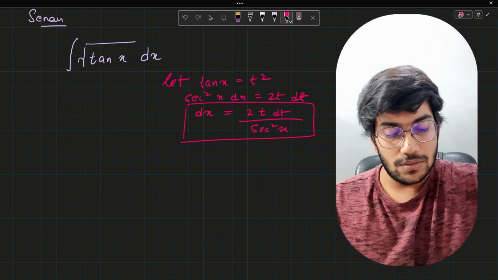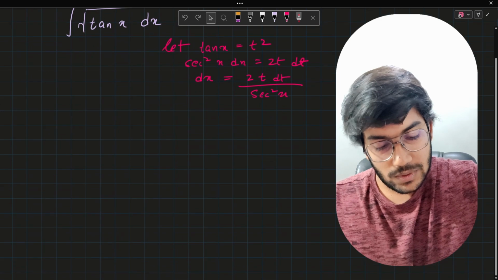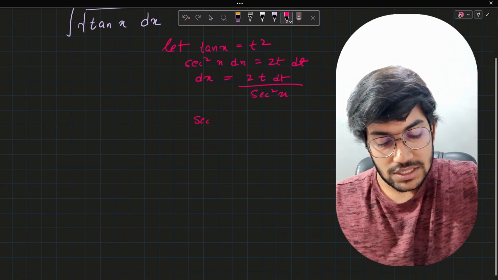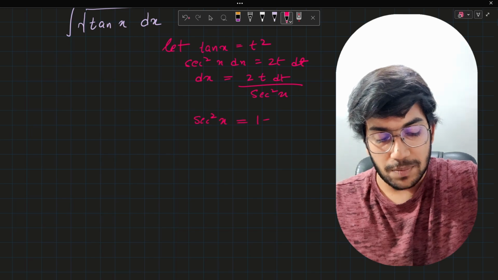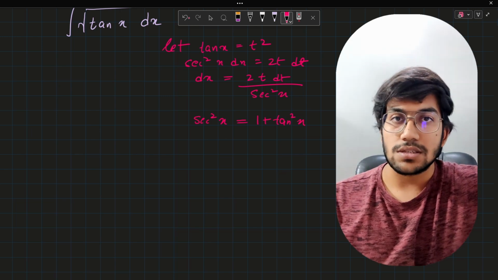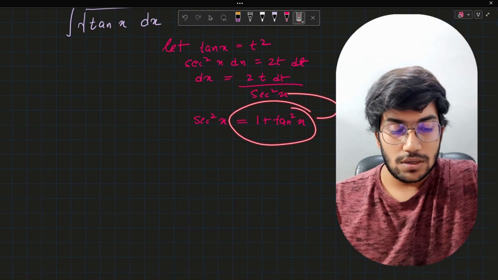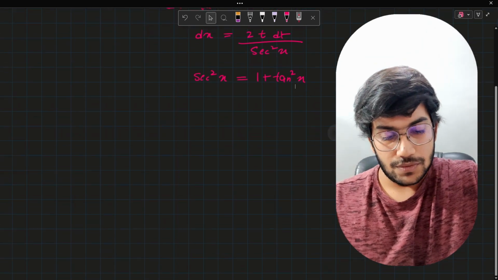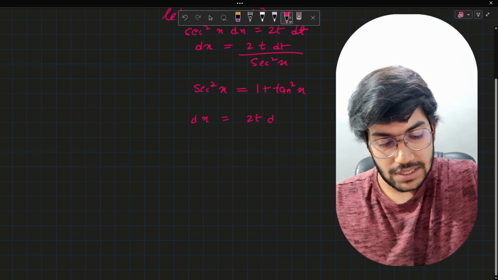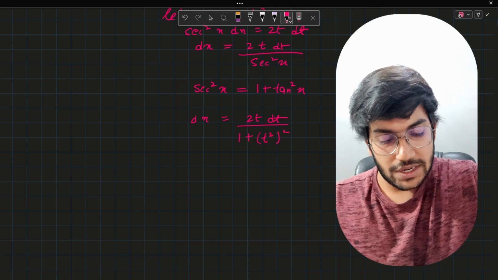So what we'll do is make the standard substitution, that is secant square x is equal to 1 plus tan square x. I'll substitute this expression right here. By this we get dx is equal to 2t dt by 1 plus t square squared.